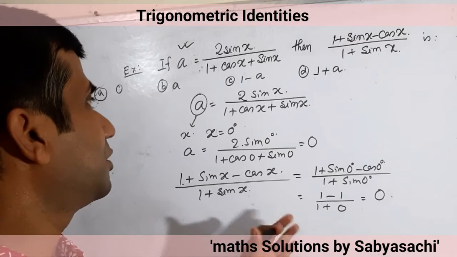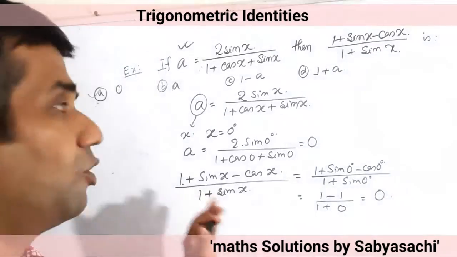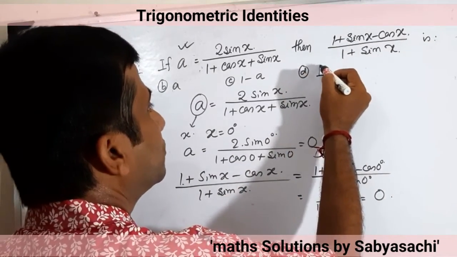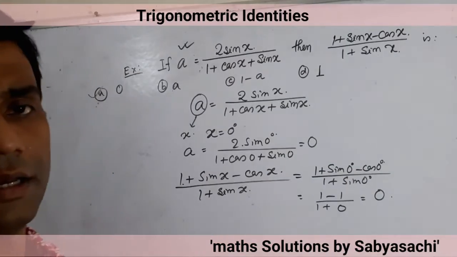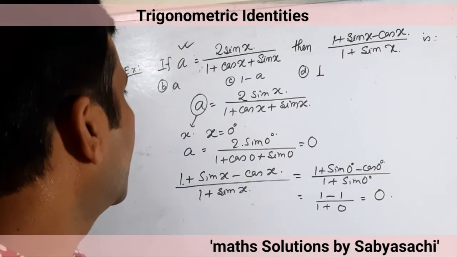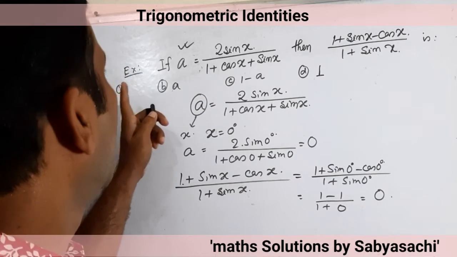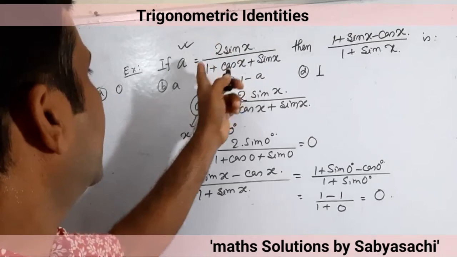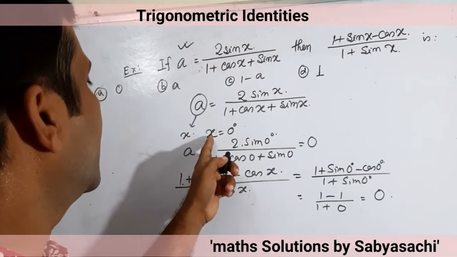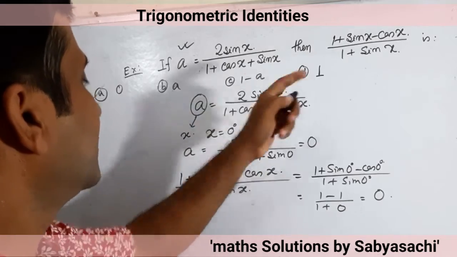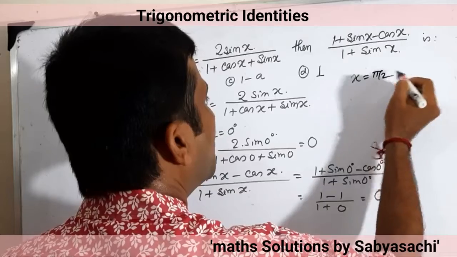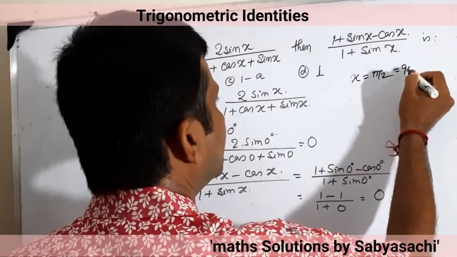This is a very shortcut method. If there is an option 1, then what you have to do is that A means 2 sin x by 1 plus cos x plus sin x. Now, in this case, we put here x is equal to pi by 2, that means 90 degree.